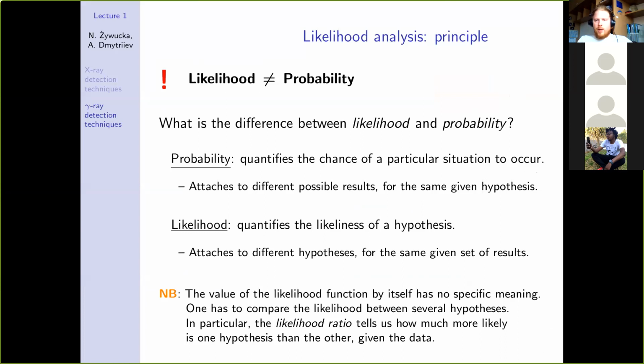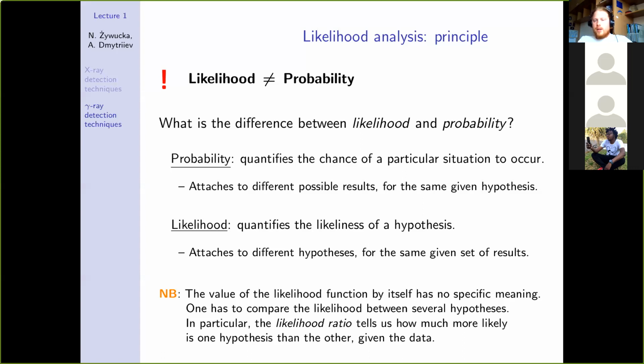So again, what's the important difference between the notion of likelihood and probability? Probability only quantifies the chance of a particular situation happening, and probabilities attach to possible outcomes, possible results for the same hypothesis, which is regarded as given.